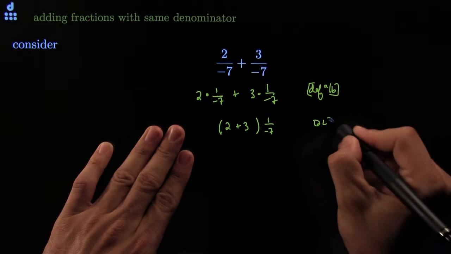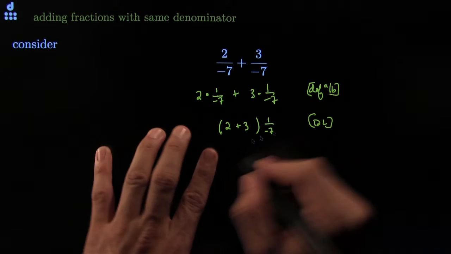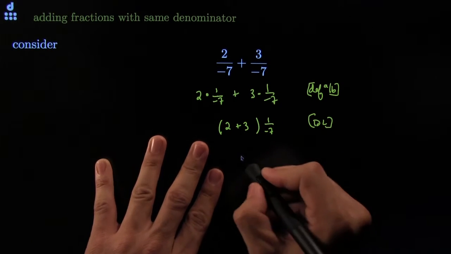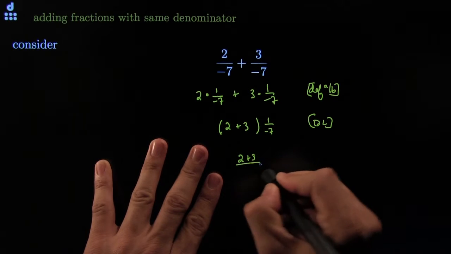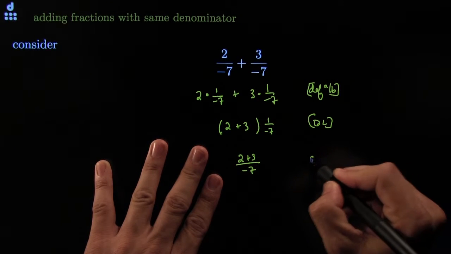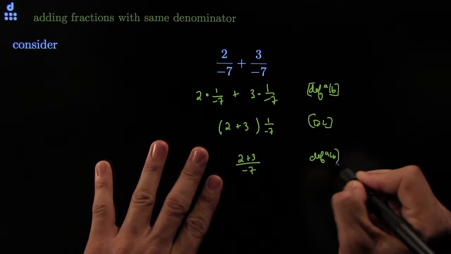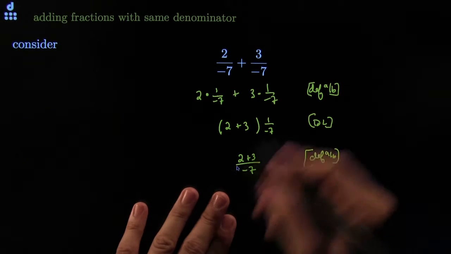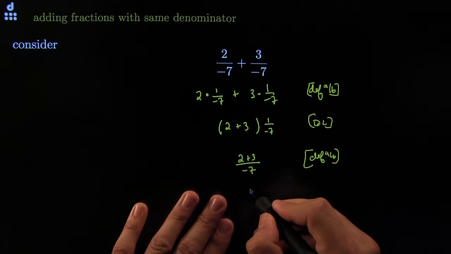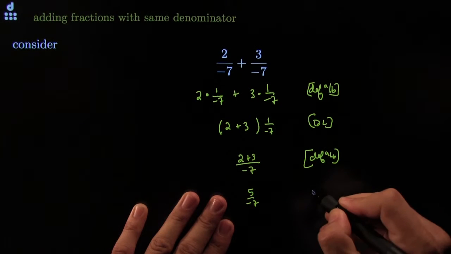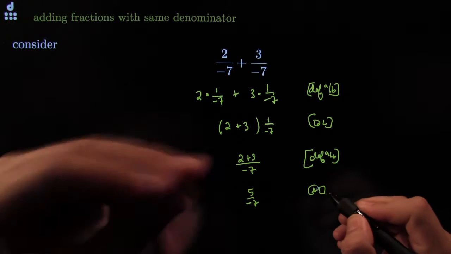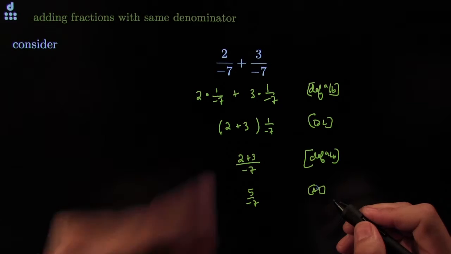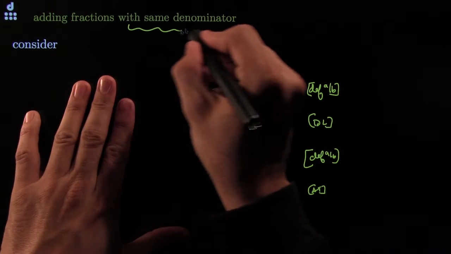And that, of course, is the distributive law. And then you could put it back up there. That's 2 plus 3 all over negative 7 using the definition of A over B. And that's it. Or you could take another step here and use the addition table: 5 over negative 7. That right there is the professional step-by-step way of adding fractions that have the same denominator.